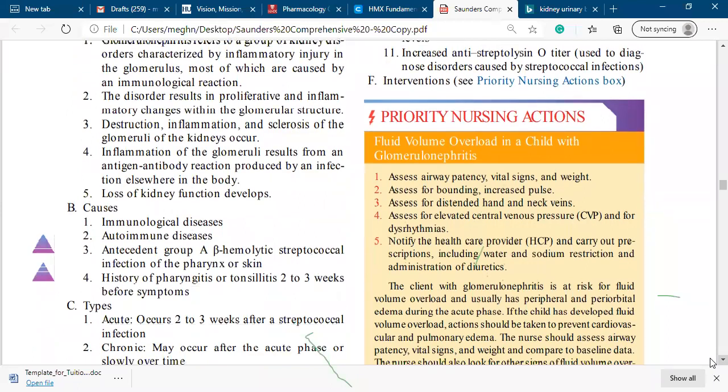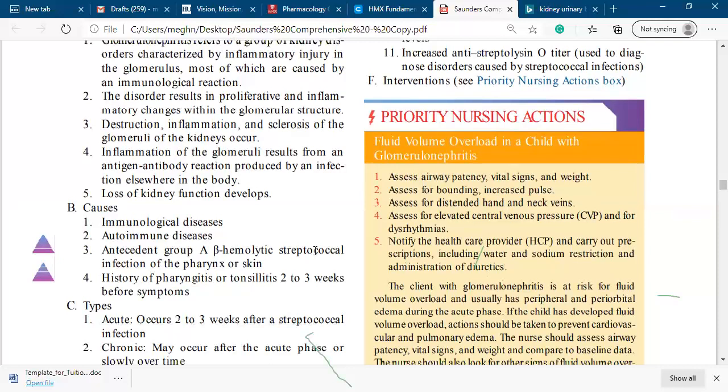Sometimes they ask, what is the organism that can cause the pharyngitis that later affects the kidney? The organism name is group A beta hemolytic streptococci infection. They cause pharyngitis.